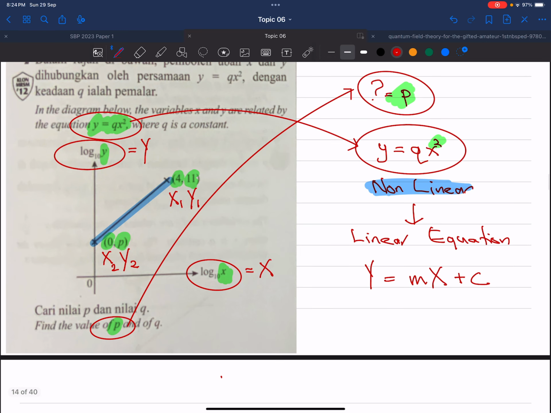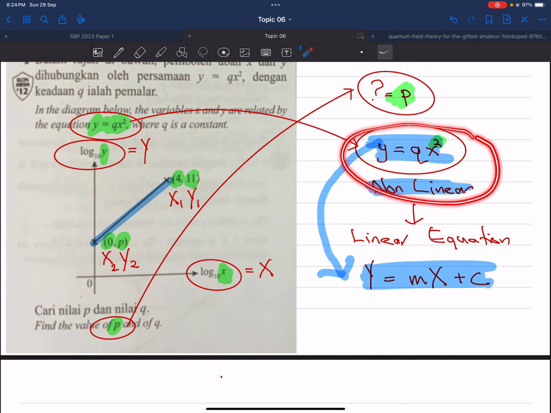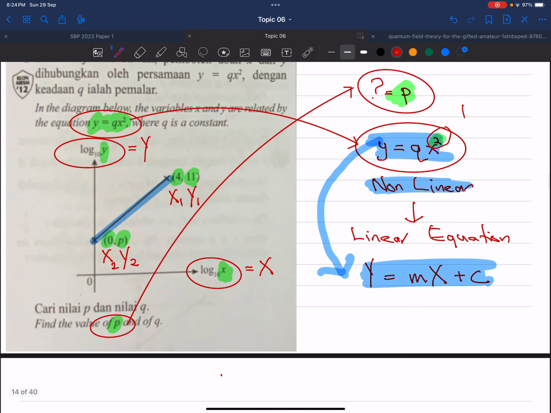So that means the non-linear, we have to change it to linear. And since the non-linear has a power of 2, that shows that we must use log. Okay, we must use log, the formulas of log.